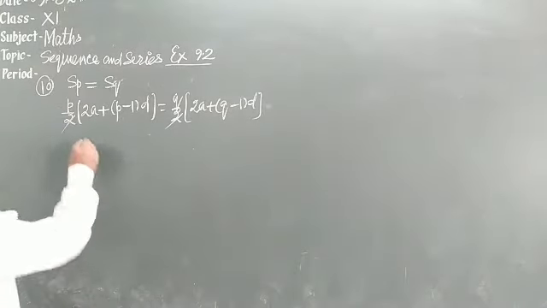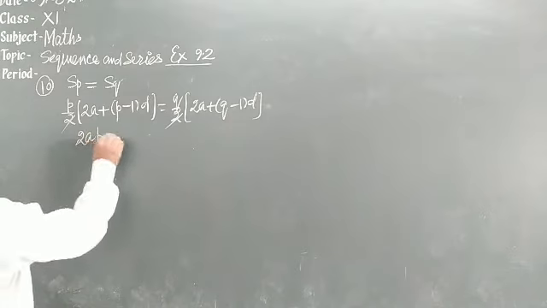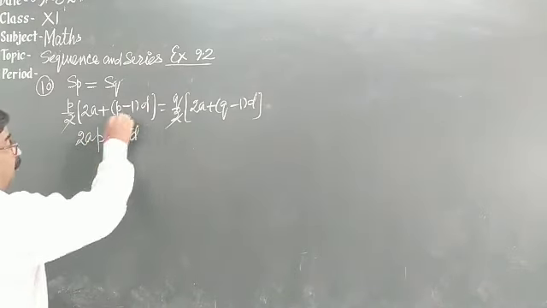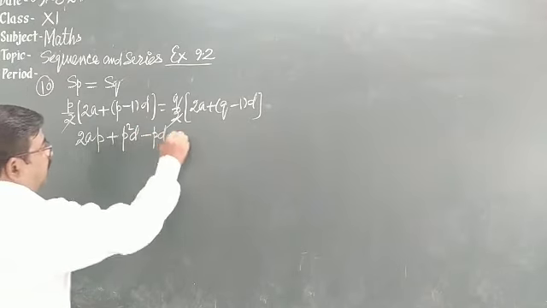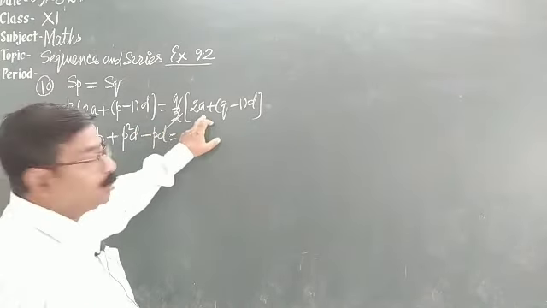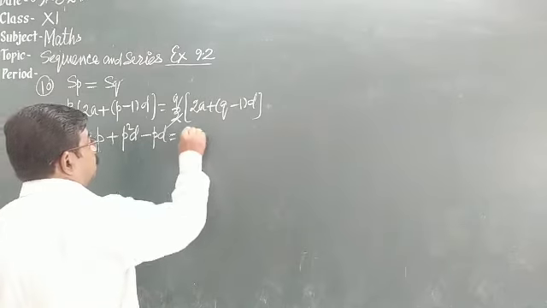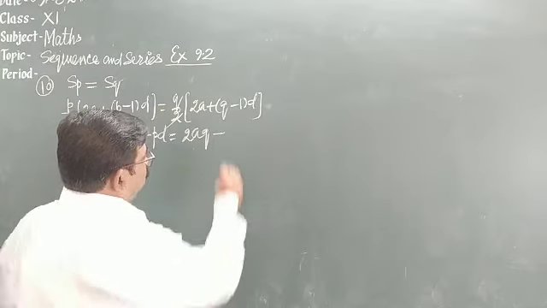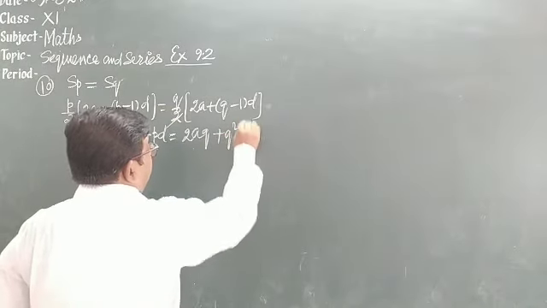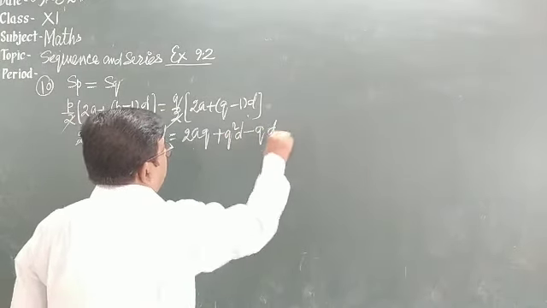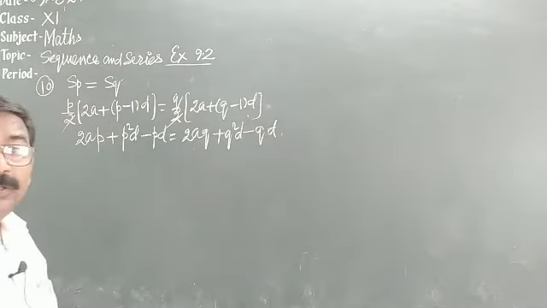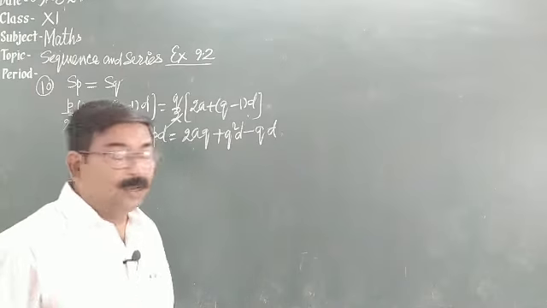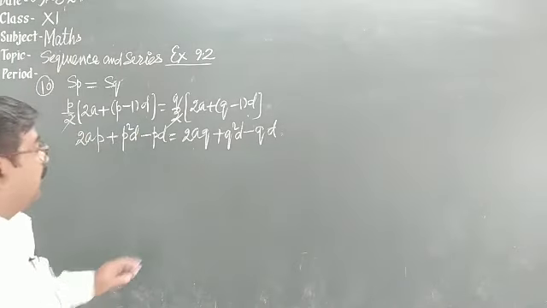So what do we get? 2AP plus P into P square, and D also minus PD. This side Q into 2A we have plus Q into Q square into D minus QD. So we have got, bring all the terms in one side. So see what we have.